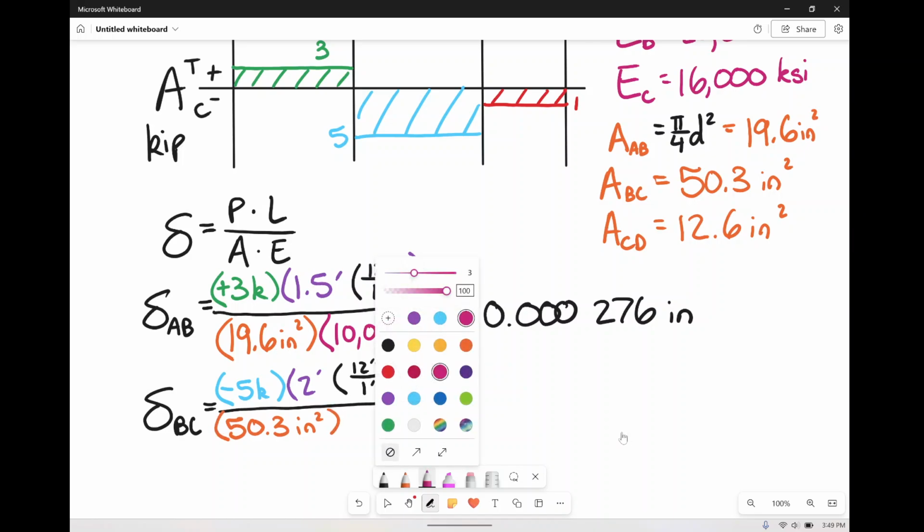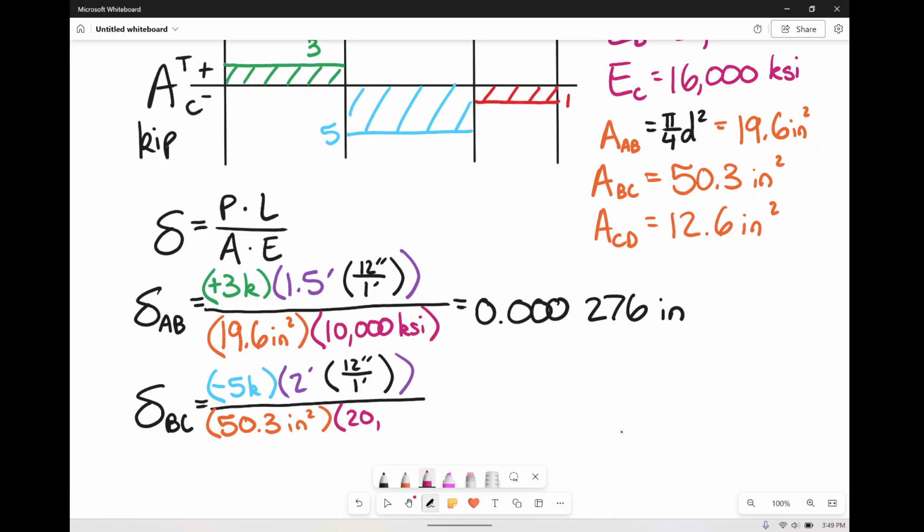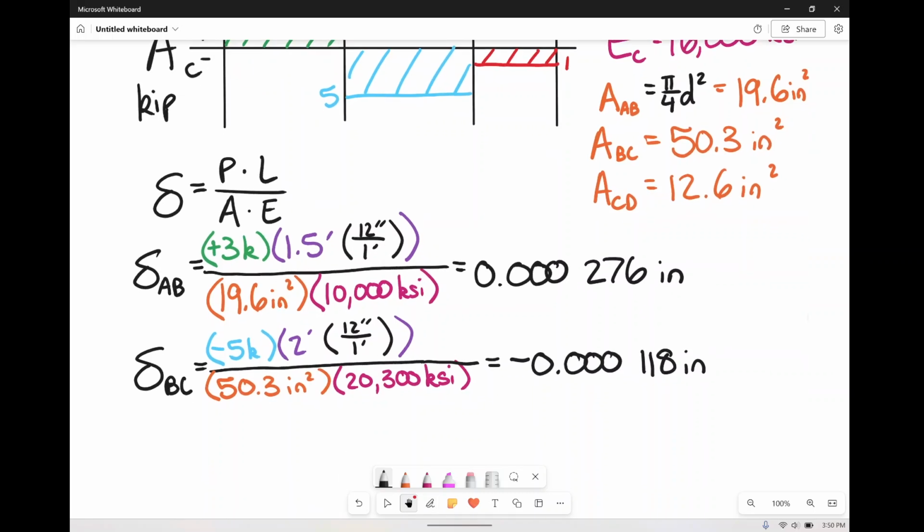And lastly, our modulus of elasticity for brass, which was 20,300 kips per square inch. So yes, you can watch all the units canceling if you want, but as long as you keep them all in the same set of units, everything will be great. And because we do have this negative over here, we are going to get a negative value. So we have negative 0.000118 inches. These are very small numbers, but that's to be expected.